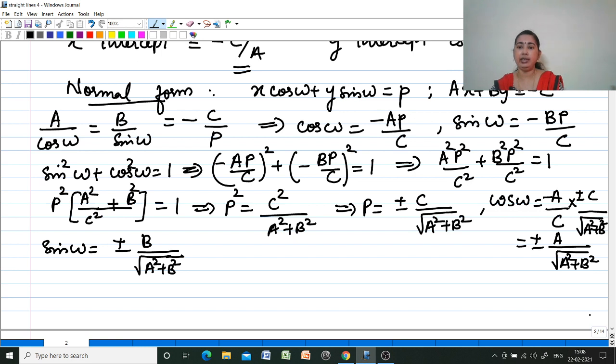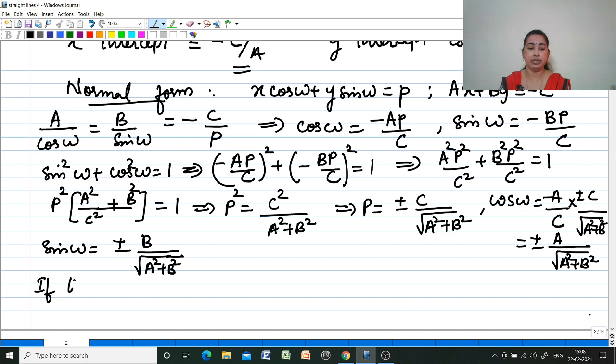So if we divide the general form of the equation throughout by root of a square plus b square, we can convert it to normal form. So what can we conclude?